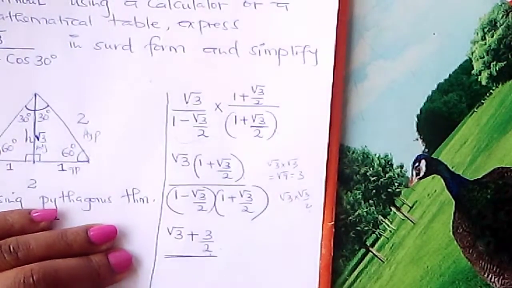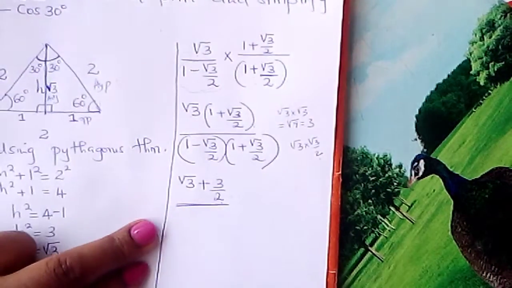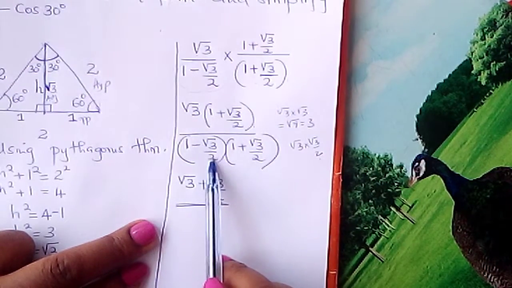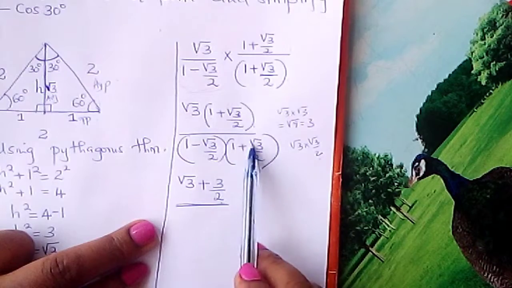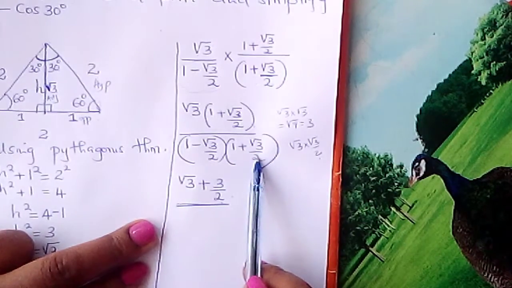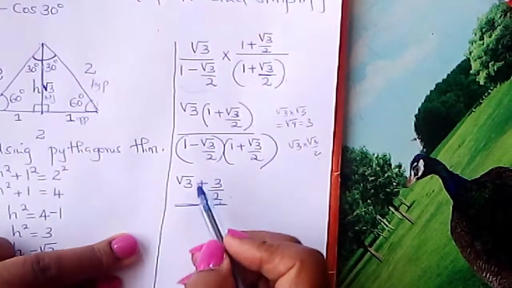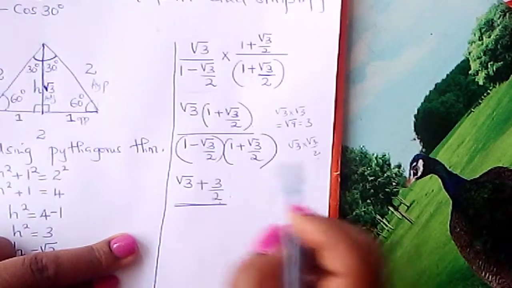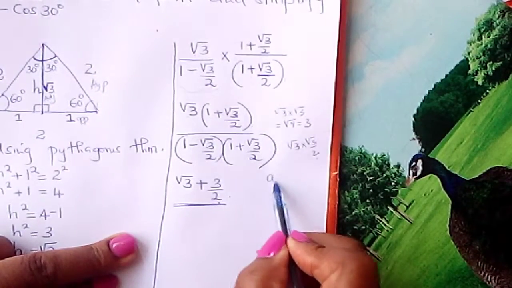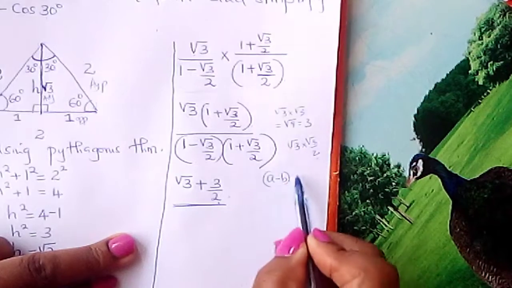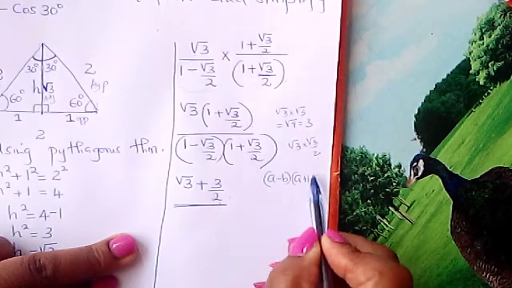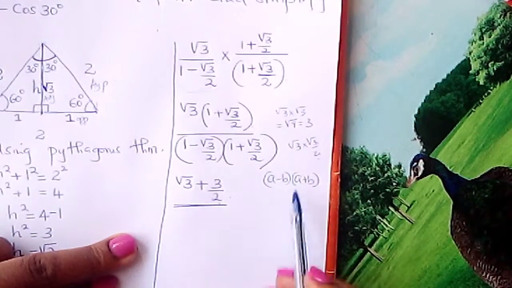Then divide by what, learner? Look at this: 1 minus root 3 over 2 times 1 plus root 3 over 2. This one, learner, looks like which identity? Quadratic identity. It looks like a minus b multiplied by a plus b. I'm sure you came across this in Form 2.